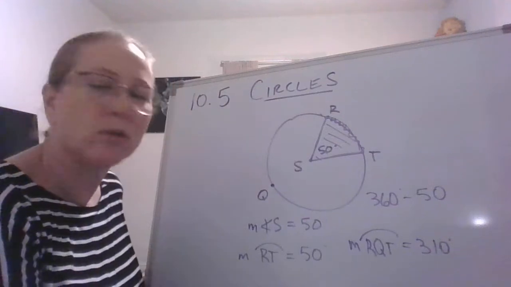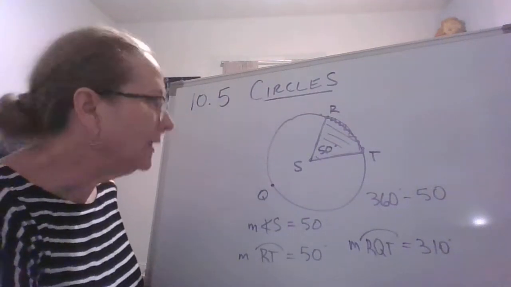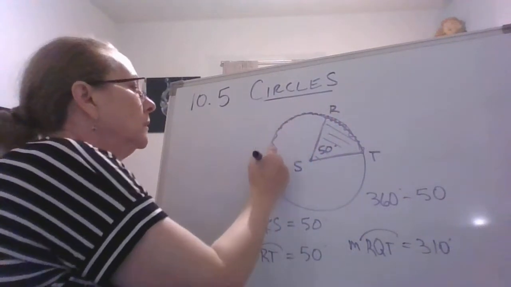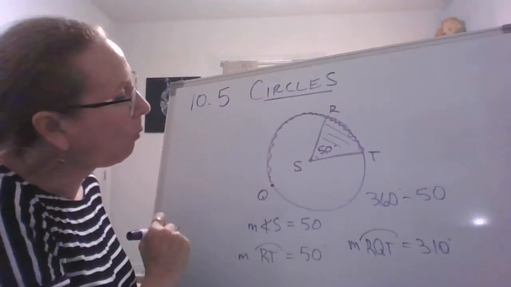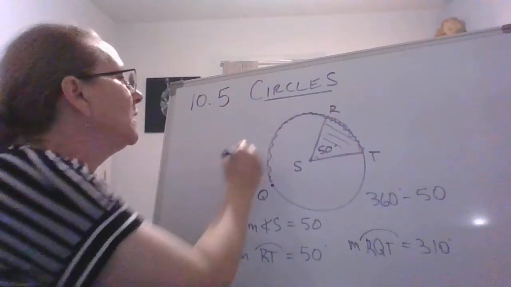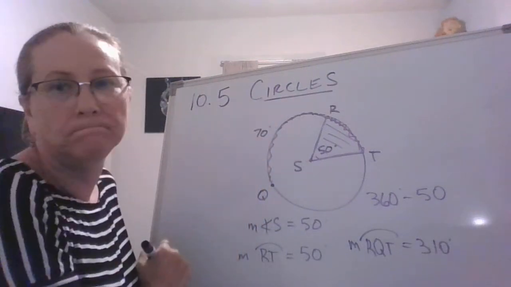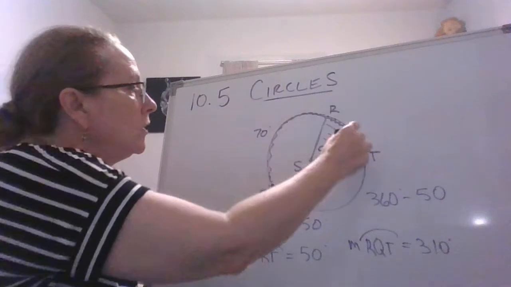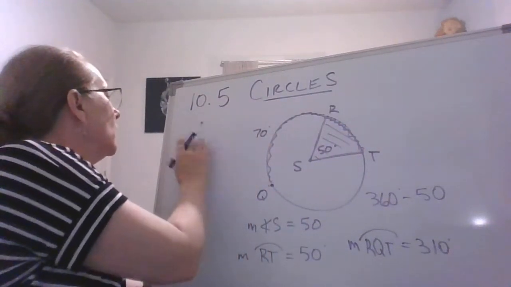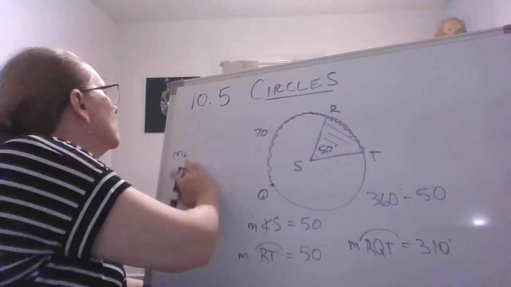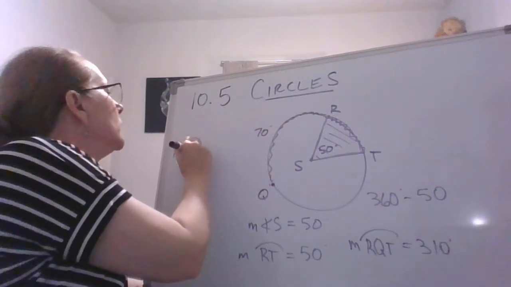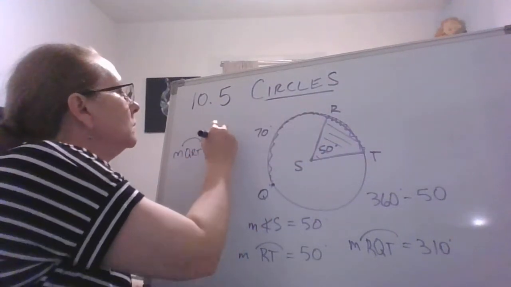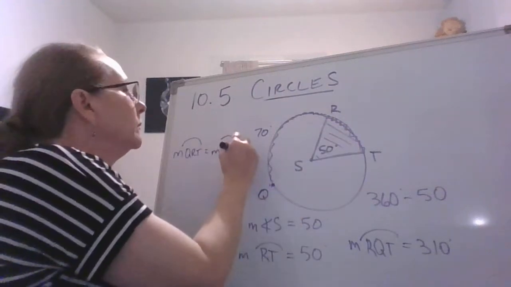Adjacent arcs. Adjacent arcs are arcs that are side by side. So let's say I knew that this arc from Q to R was about 70 degrees. If that arc was 70 degrees, we could actually find the measure of arc QRT by adding together QR and the measure of RT.